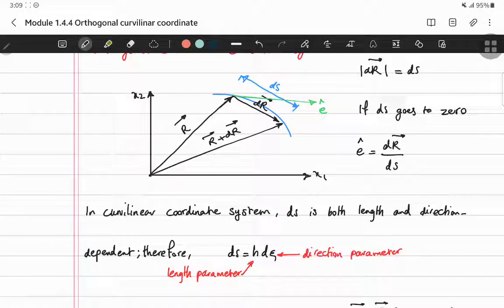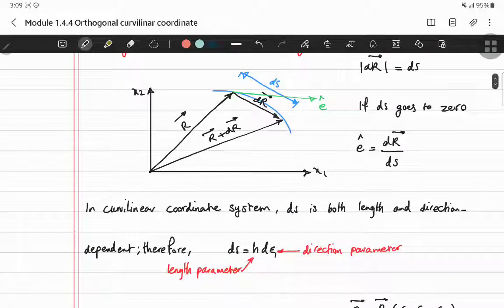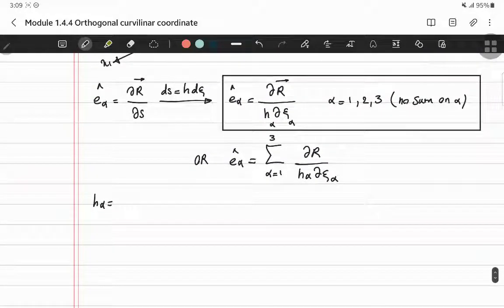When we said that if ds goes to 0, they become very close to each other, so they can be assumed lines with the same, so they have 1. The value of H alpha is 1 in the Cartesian coordinate system. Therefore, we use the same terminology here.